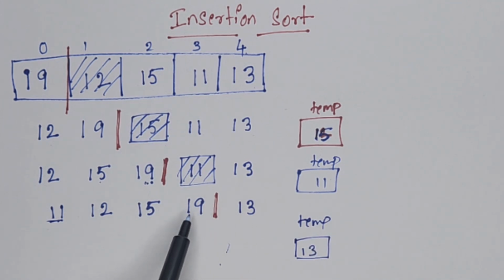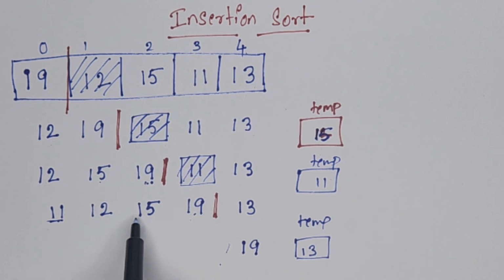The fourth element is compared with the third element. Before that element we have to compare. So 19. 19 is greater than 13. Yes, so 19 shifts to the right side, one place right, to the next location. So 19 is at the third location, we have to store it in the fourth location.